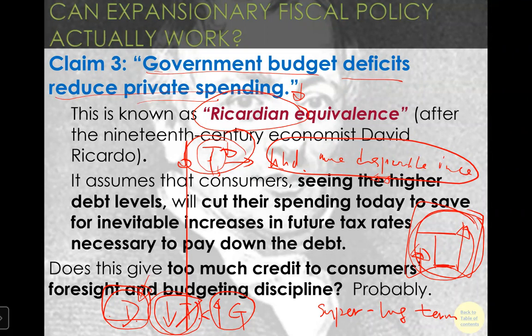So they won't raise the tax on the current generation. That means the current generation will benefit from this tax cut, and it's real.